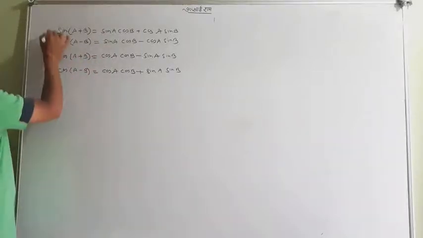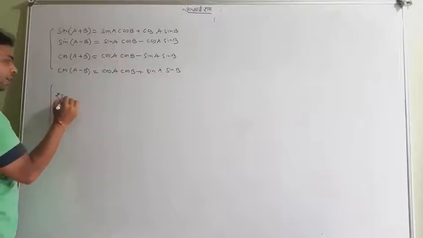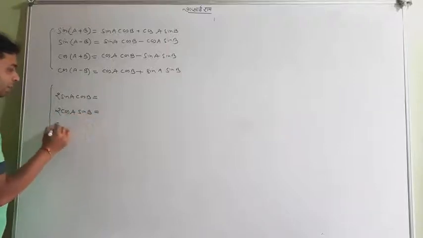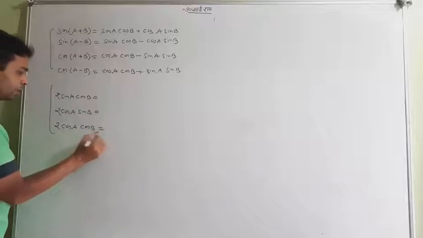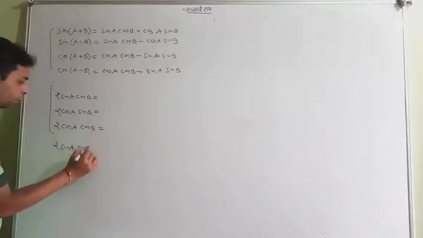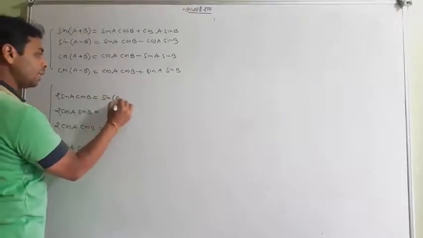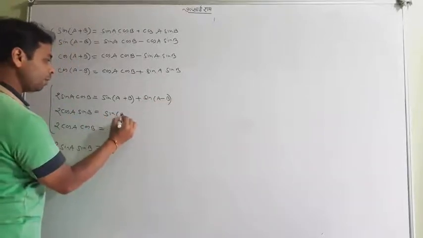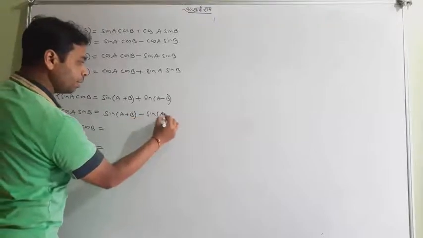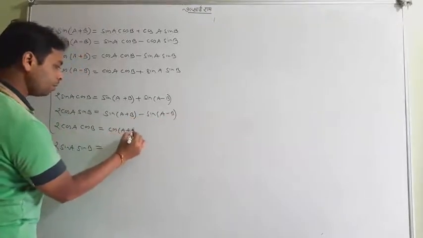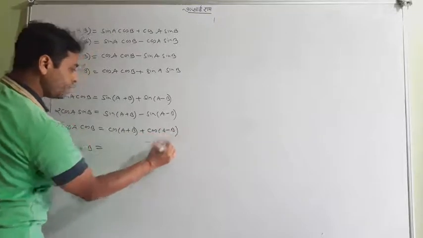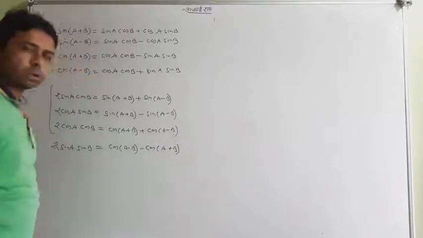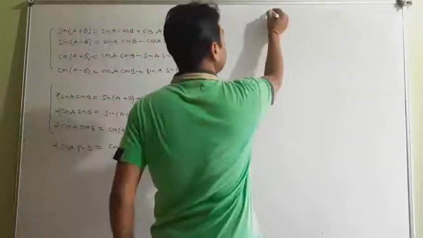These four formulas we have seen: 2 sin A cos B, 2 cos A sin B, which I made recently, 2 cos A cos B and 2 sin A sin B. These four formulas we recently saw: sin(A+B) plus sin(A−B), sin(A+B) minus sin(A−B), cos(A+B) plus cos(A−B), and cos(A−B) minus cos(A+B). Next, I am telling you, this is called the CD formulas.